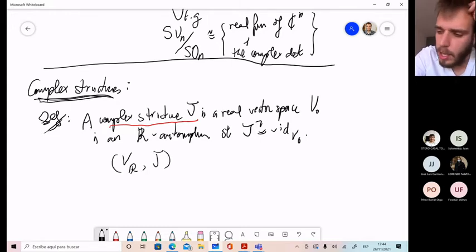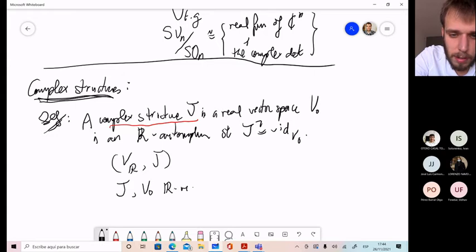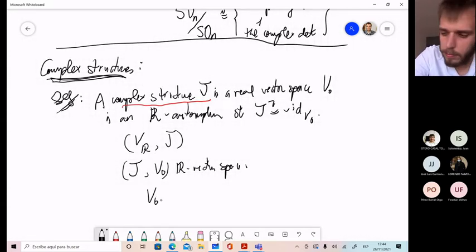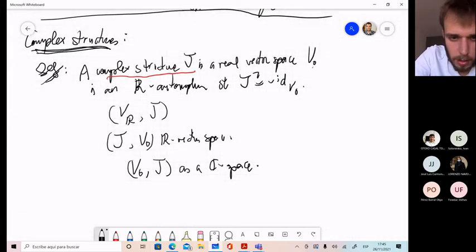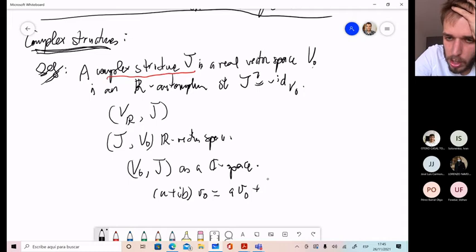And conversely, if you start with a complex structure J given in a real vector space, then you can see V_0 equipped with J as a complex vector space, and you define multiplication by complex numbers in this way: (a + bi)v_0 = a v_0 + b J v_0, where v_0 is in V_0.